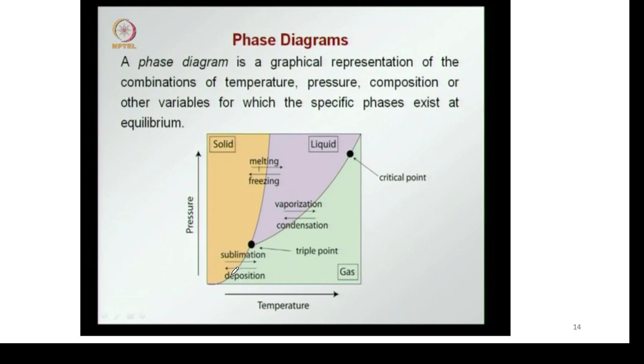For example, let's say you have ice here. Okay, ice made up of water, right? H2O. When we increase the temperature of ice, it will directly convert into gas, sublimation, right? The gas can again convert into ice, which is called deposition, right? True.